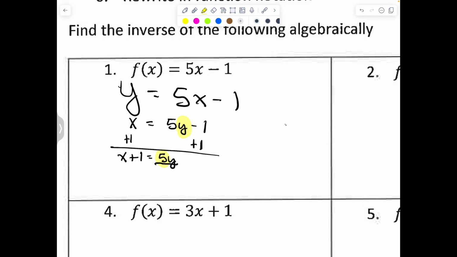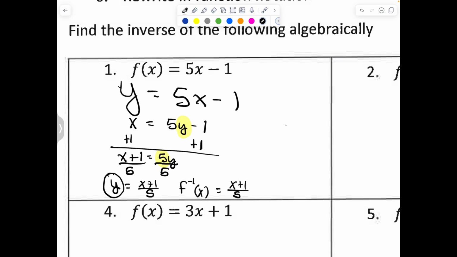Since I'm multiplying 5 by y, to get rid of that 5, I have to do the opposite operation, which is divide. So I have y is equal to x plus 1 over 5. And then I'm going to change this y back into its inverse form. So I'm going to have the inverse of x is equal to x plus 1 over 5.